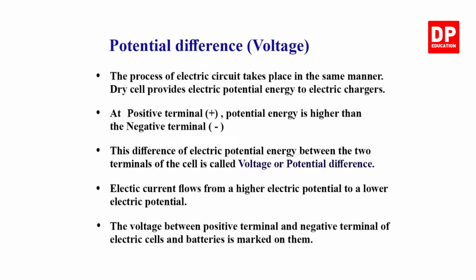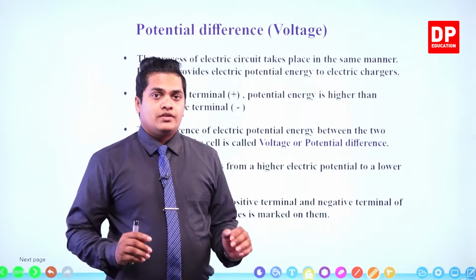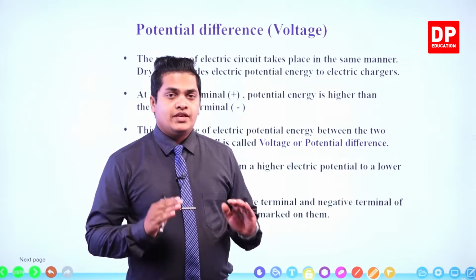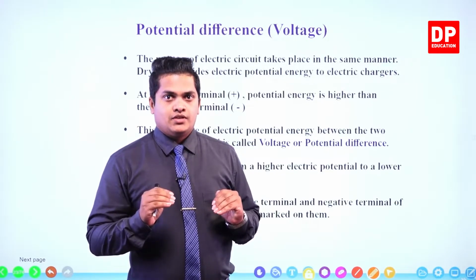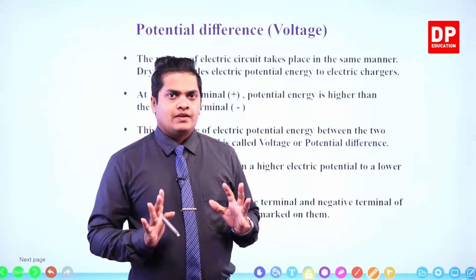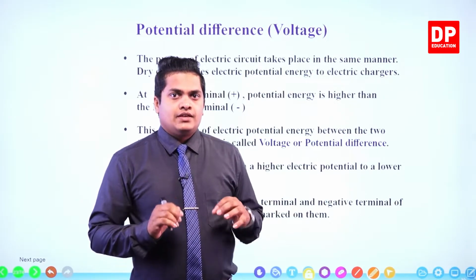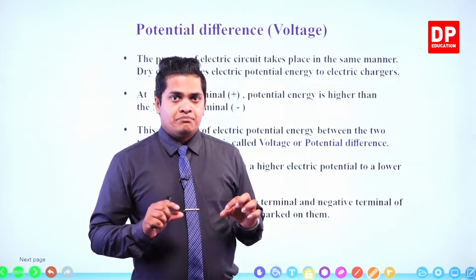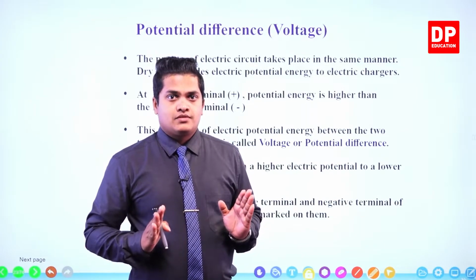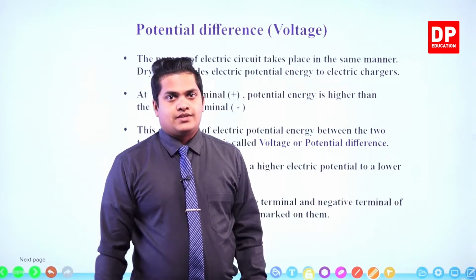Dry cell provides electric potential energy to electric charges. I told you that in the earlier case, when water flows from one place to another, there should be a considerable change in their potential energy, right? In the same way, in an electric circuit, we can observe there is a potential difference between the electrical charges in the circuit.